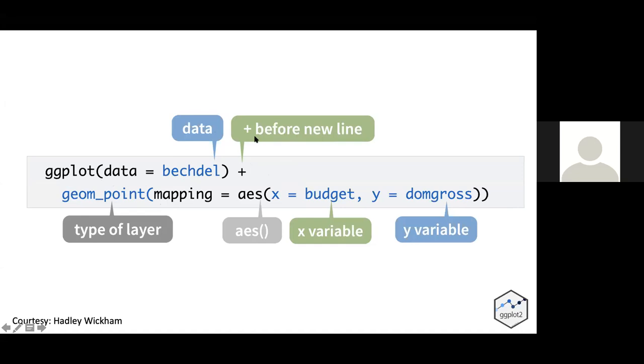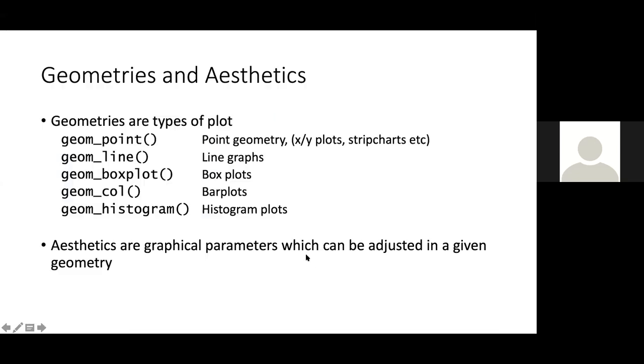So make sure the plus is here before taking a new line, and the new line will start with geo point, and that geo point could be mapped to your aesthetics, which are the Y and X axis, as I mentioned before. You can see the budget. We need the budget to be on the X axis, while the dog gross is on the Y axis variable. So this defines the template above, and how you can structure your data as well.